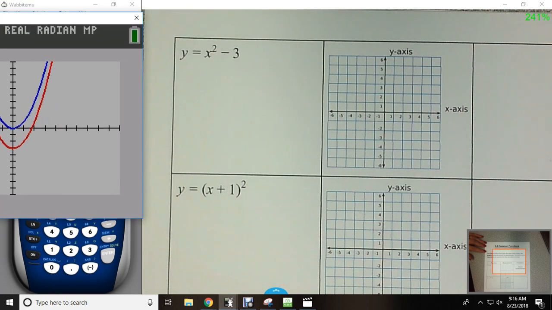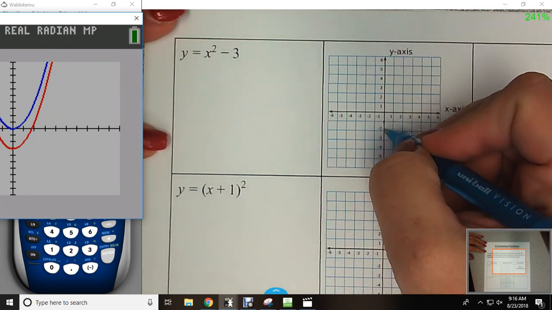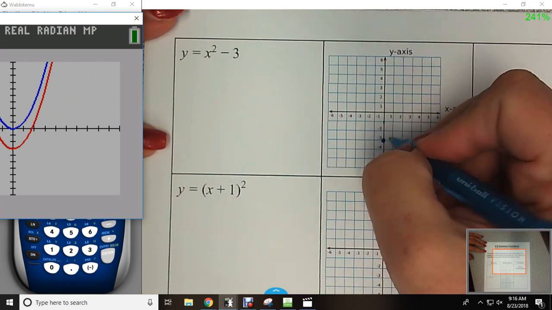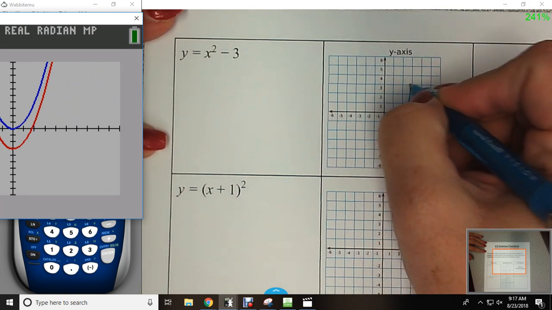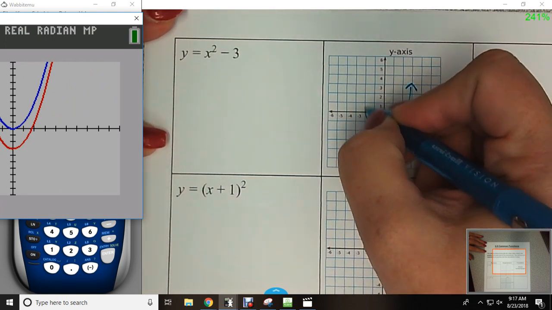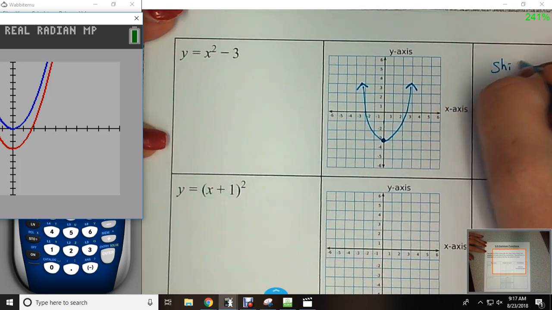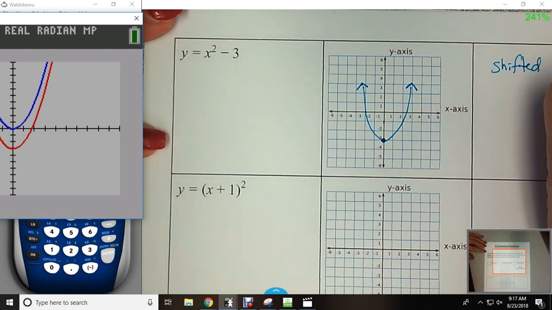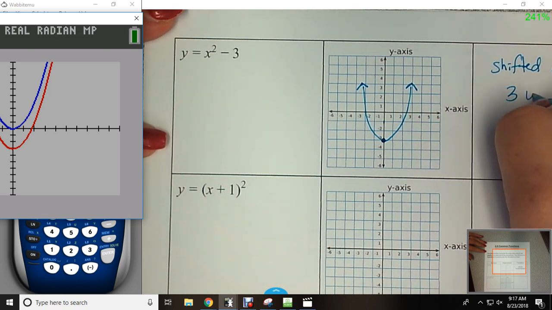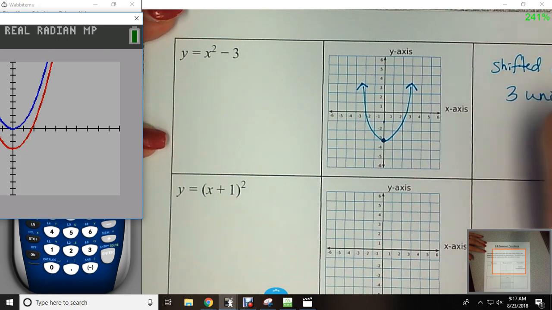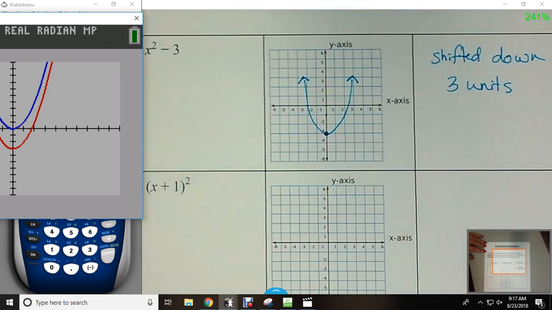So let's come over here and let's sketch it in. 1, 2, 3 units down. Okay.